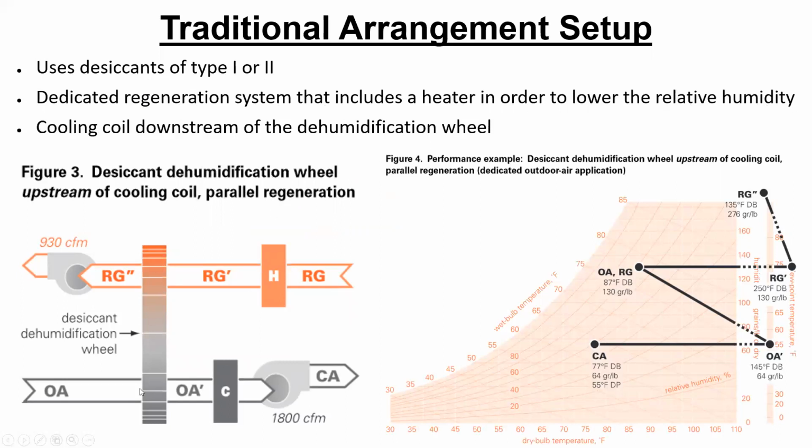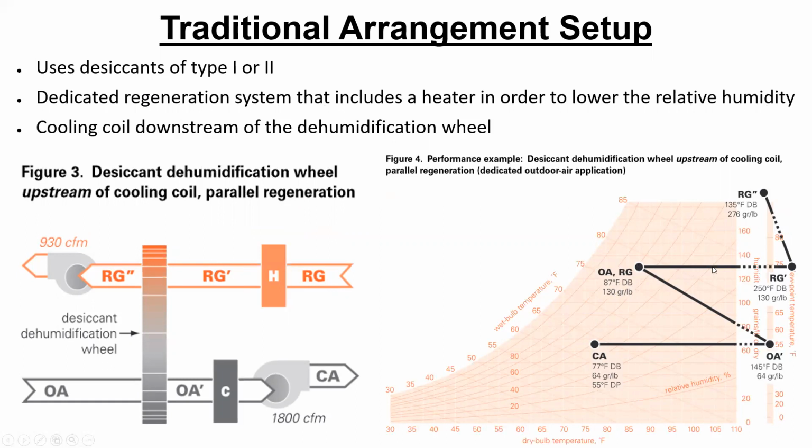This is our desiccant dehumidification wheel. So what happens is that the RG air goes through the heater. You are adding temperature, on a psychrometric chart starting from this point, 87 dry bulb and 130 grains per pound specific humidity.